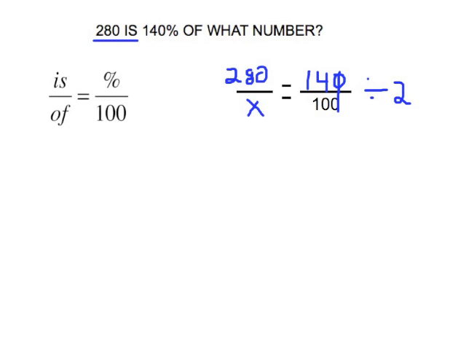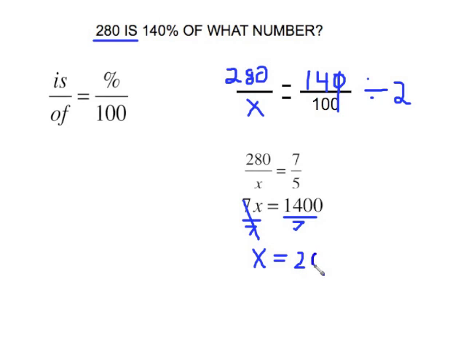You can divide top and bottom by 2 on this, which will give us this equation now. 280 over x equals 7/5. Cross multiply that equation. 7 times x, 280 times 5 gives us this equation. And we just have one more step. Divide both sides by 7. 1,400 divided by 7 is 200.